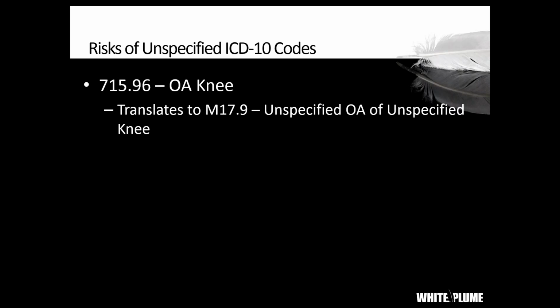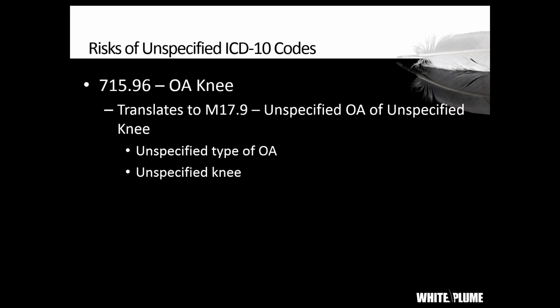There are more specific choices in ICD-9, but many of you are not using those, and so you're only getting the unspecified choice in ICD-10. And you'll notice, if you look at this carefully, it's unspecified as far as the type of osteoarthritis. It's also unspecified as far as which knee we're talking about.